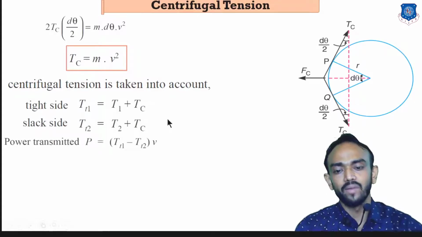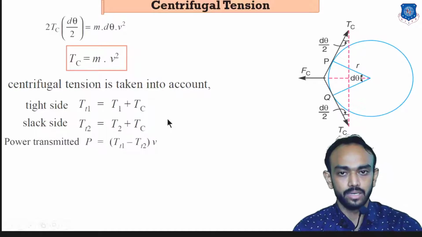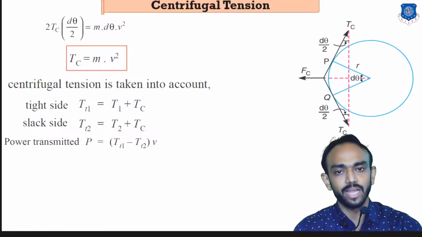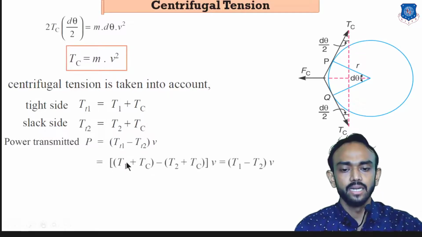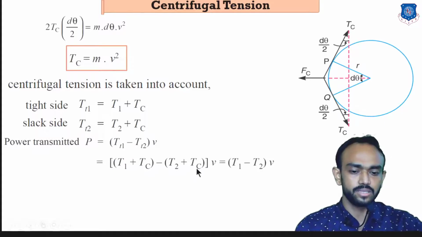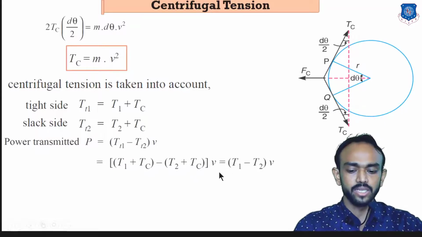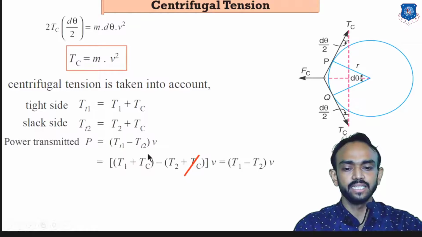Okay, so power transmitted P is equal to (T1 minus T2) into velocity, but right now the tension in the tight side and slack side is slightly changed because centrifugal tension is added in both the tight side and slack side. So you can write this as (T1 plus Tc) minus (T2 plus Tc) into V. Here you can check that Tc and Tc are eliminated.